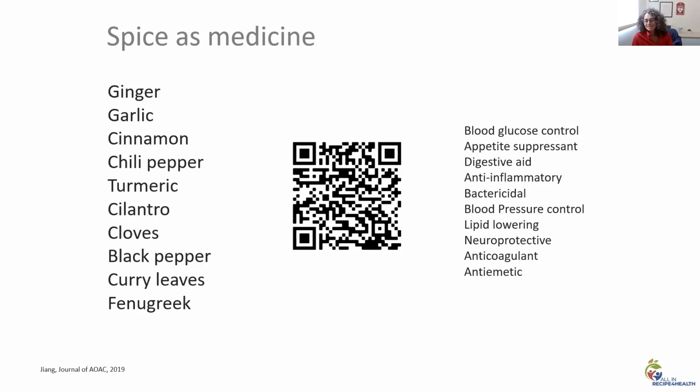You know that because you can leave your hot salsa on the table in 90-degree weather and it doesn't go bad. They help with blood pressure control and lipid lowering, and they're neuroprotective. They have anticoagulant effects, and they can help with nausea, especially in our pregnant people.